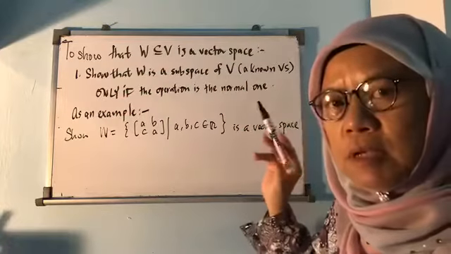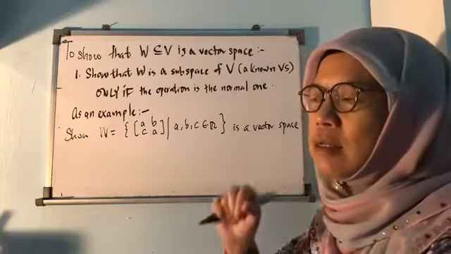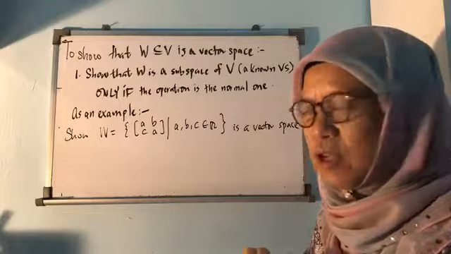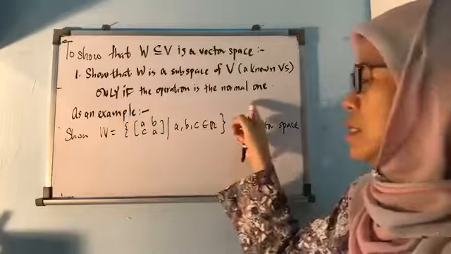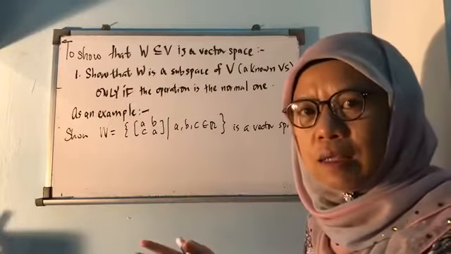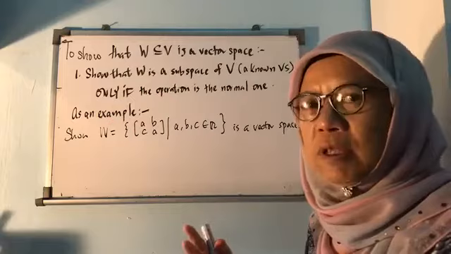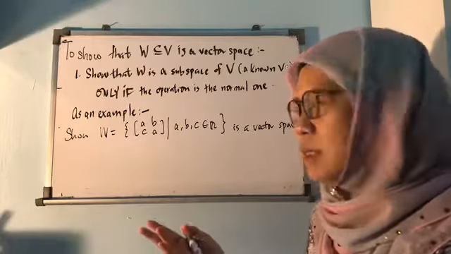A known vector space means one of those four: Rn, matrices, polynomials, and functions. Only if the operation is the normal one, like the operation of Rn is addition, of matrices is addition, of polynomials is addition.